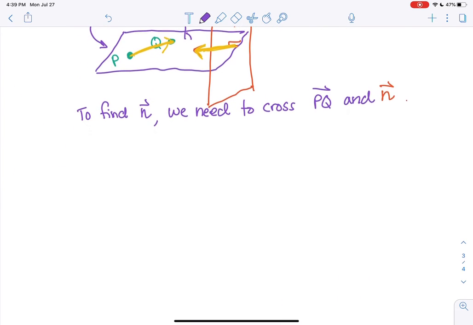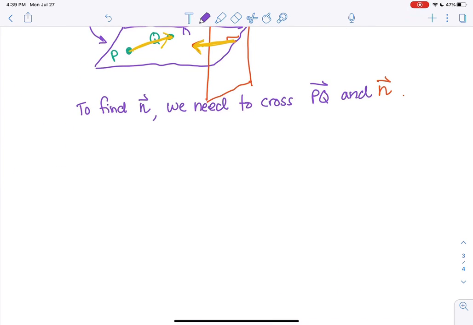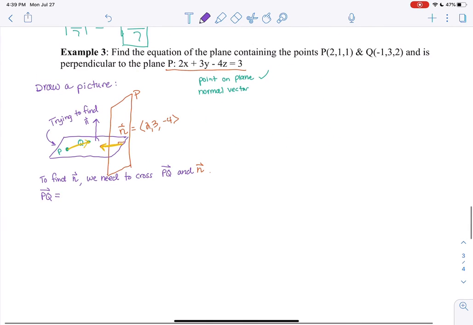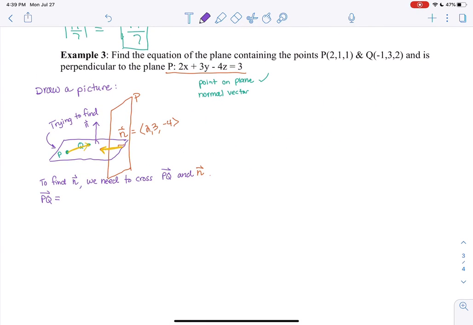So first we'll find PQ. So PQ is just going to be 2 minus -1, which is 3. Wait, it's going to be, oh, sorry, -1 minus 2 is -3. Then we get 2, and then 1.